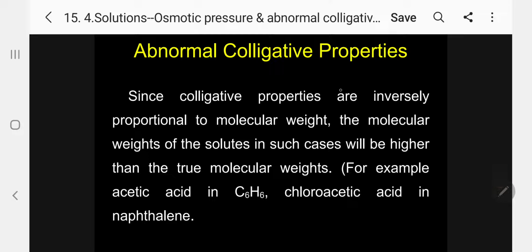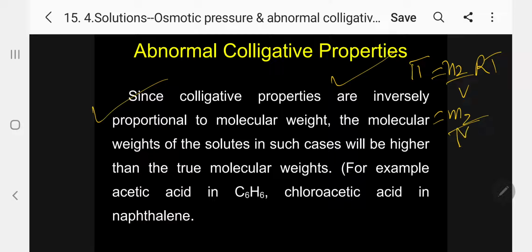Now, since colligative properties are inversely proportional to molecular weight, please follow. Say for example, pi equals N2 by V into RT. Kindly follow, this is the equation for osmotic pressure. What is N2? m2 by capital M2.